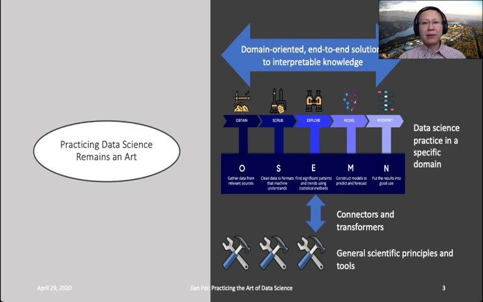Those tasks are then put into action, and we can extract understandable knowledge to present to human beings. These several steps form a loop, and human beings are at the center of the loop. Through data science practice, we collect all kinds of general scientific principles and tools to build domain-oriented end-to-end solutions to extract interpretable knowledge.